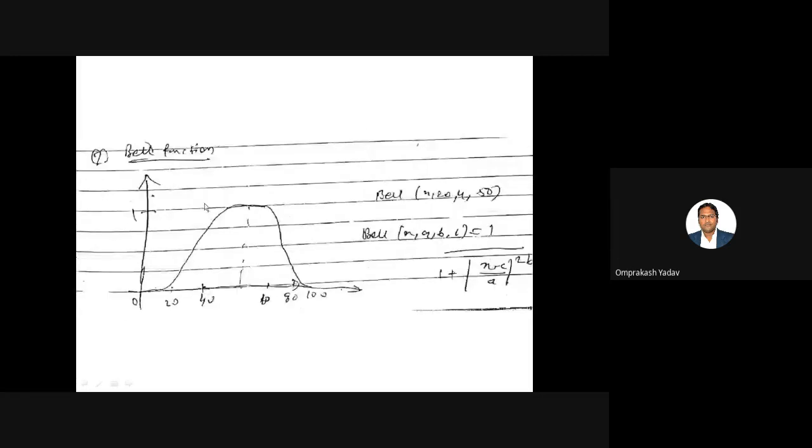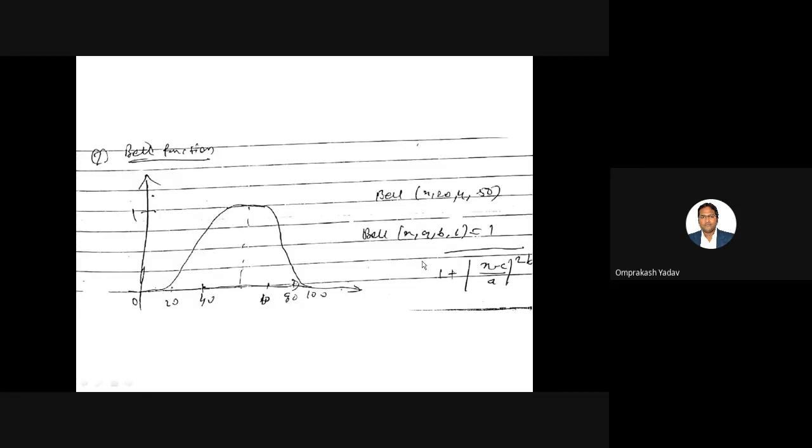Then the Bell function is there, B-double-L, Bell function. It's similar to Gaussian, but this curve will be more flat than your Gaussian. It's a bell shape. So here we have parameters x, a, comma, b, comma, c.